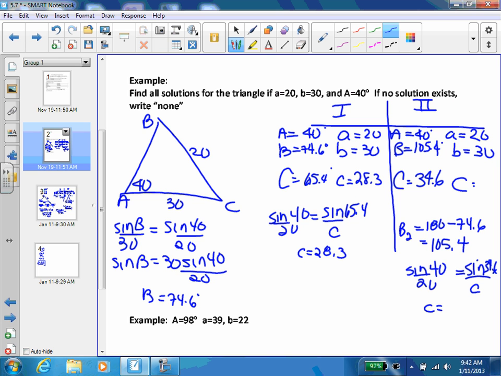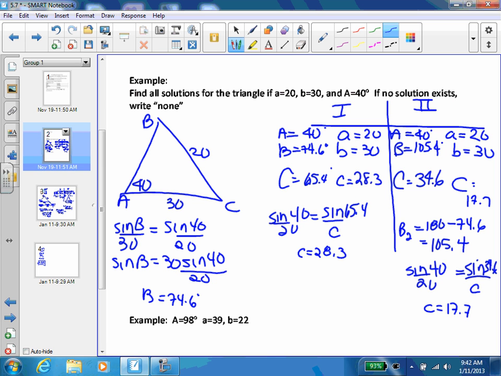So in this case, I get 17.7. I can't write it all out on the board.